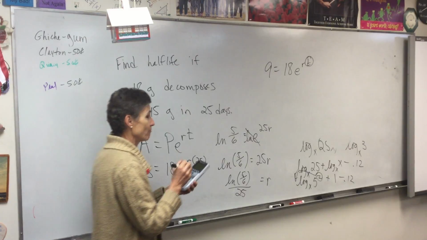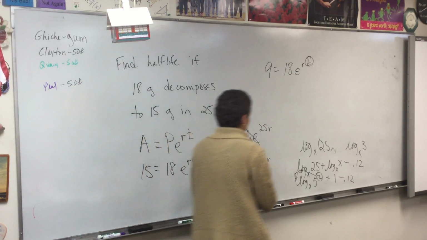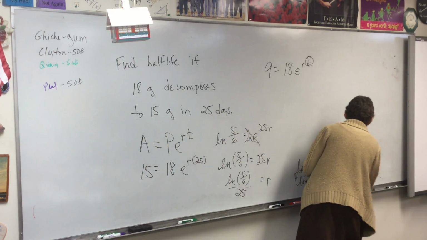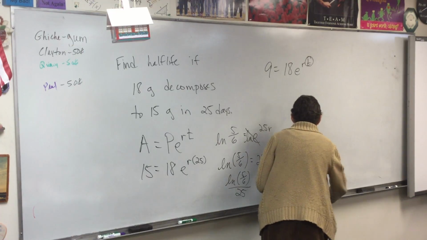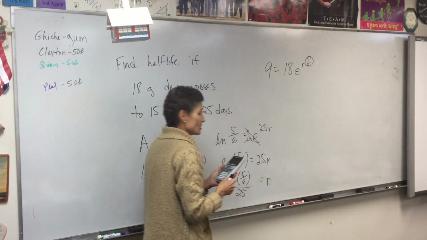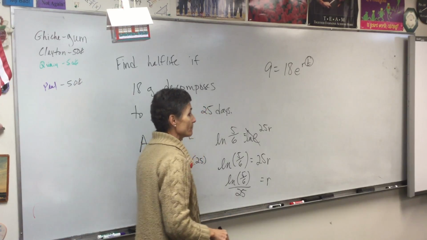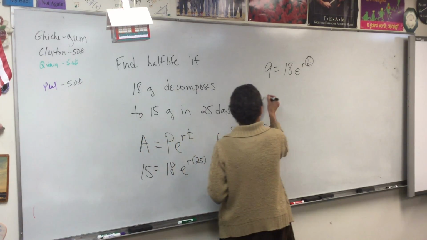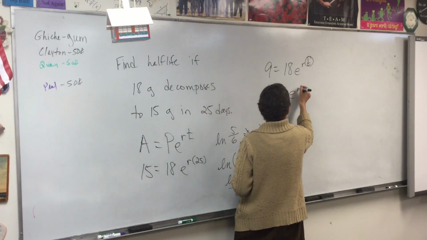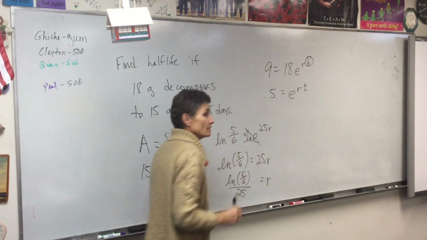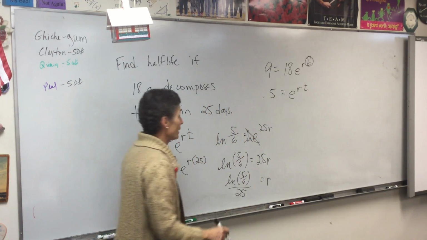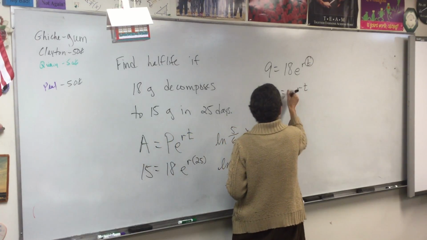That just tells me how fast I'm decaying. I want to know the half-life. So now I'm going to solve this equation. So what do I do? Oh, not yet. Divide by 18. And then what? ln both sides.